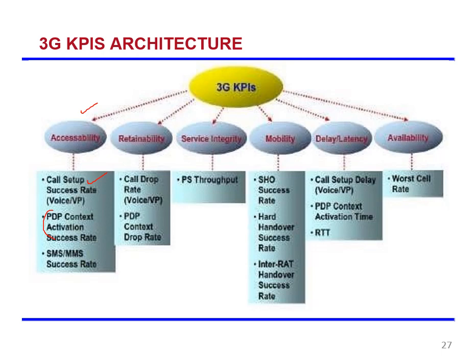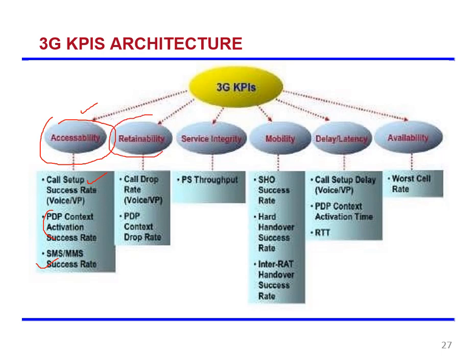Whenever it is established, it creates a direct tunnel from the mobile equipment to the core network in order to use the data service, or the core network services. So whenever a PDP context is established, there will be a direct tunnel between the mobile phone and the network, GGSN and SGSN. SMS success rate or MMS success rate, this is also accessibility. Accessibility talks mainly about the success rate.